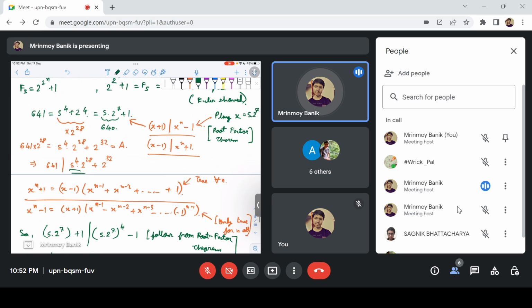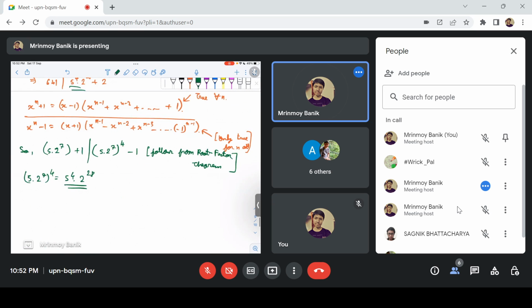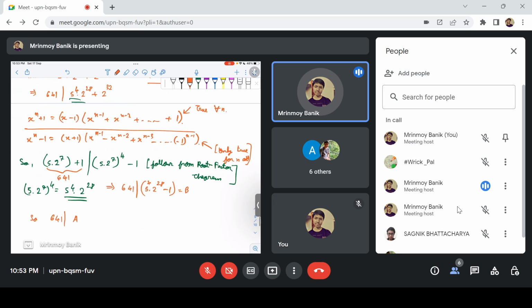Okay, and how does this help us? Well, this is just a disguised 641. So this says 641 divides this new number B, 5 power 4 times 2 power 28 minus 1. Call this number B. So now we have 641 dividing A and 641 dividing B. That is, they divide their difference.